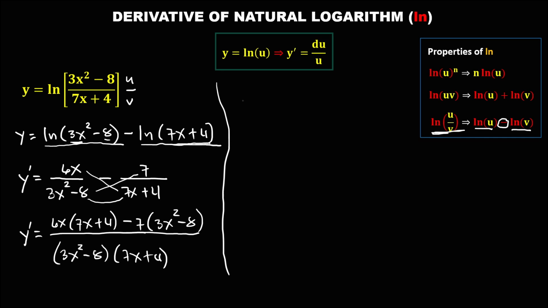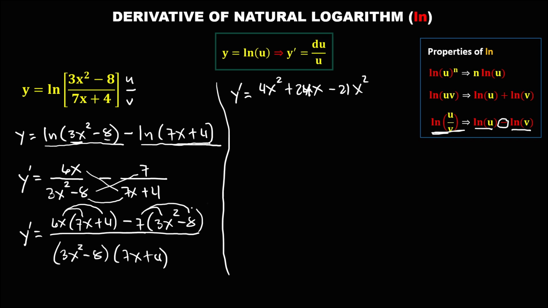Then to simplify, so we have y prime equals, so 6x times 7x, this one is 42x squared. 6x times 4, this is positive 24x. And negative 7 times 3x squared, this one is negative 21x squared.